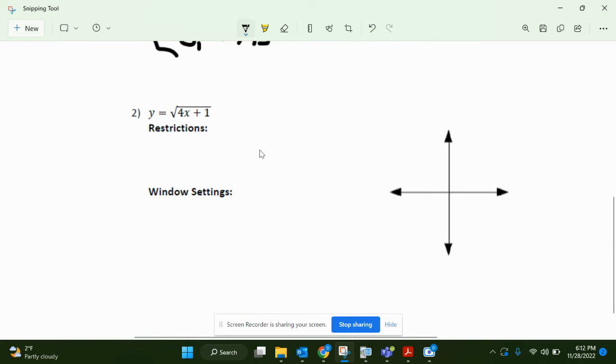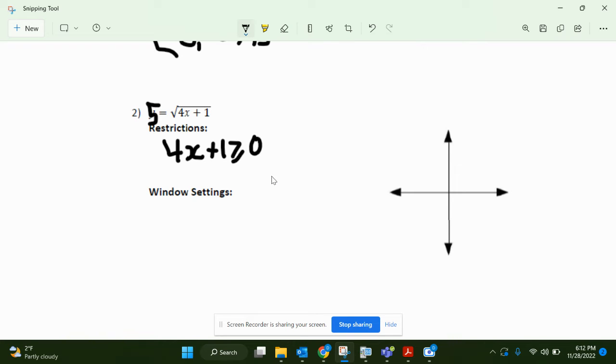Let's look at this one. Y equals, sorry, this should be a 5. 5 equals the square root of 4x plus 1. Okay, so let's do our restrictions first. Of course, always our restrictions: whatever's underneath the radical has to be positive or 0. So 4x plus 1 has to be greater than or equal to 0.